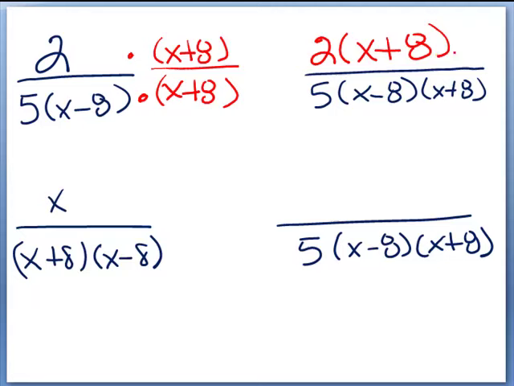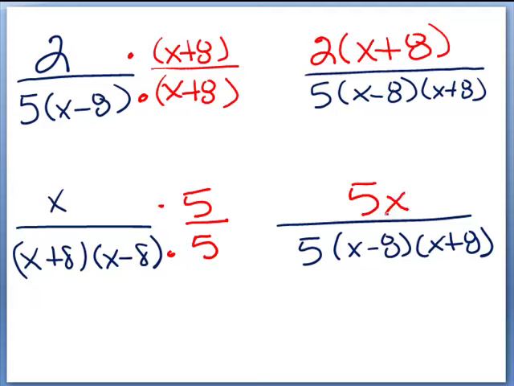This will be our new fraction. Now, the second fraction, what do we want to multiply it by to get it into its new denominator? We're going to multiply that by 5. And 5 times x, we have 5x.